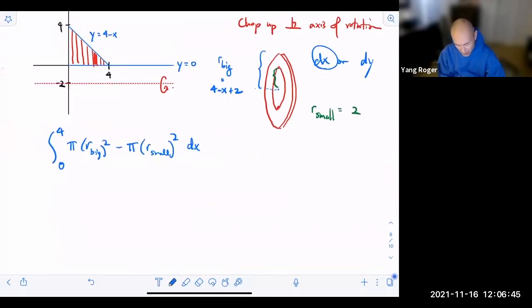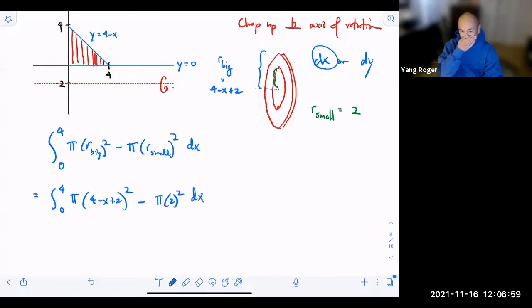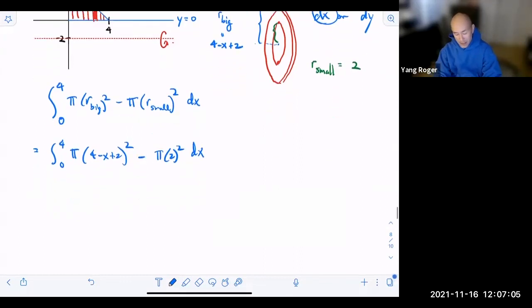And that's going to be equal to the integral from 0 to 4 of pi times (4 minus x plus 2) squared minus pi times 2 squared dx. Does that make sense? Once you have this, you can just multiply it out and integrate. We have 8 minutes left.